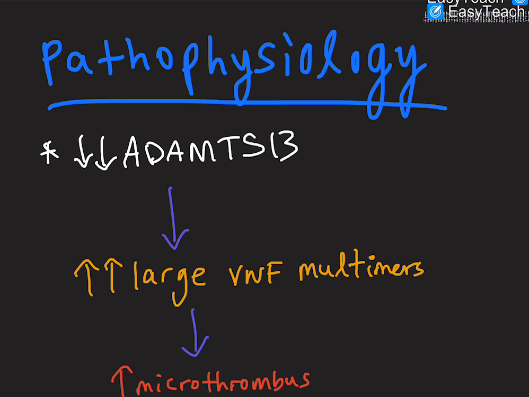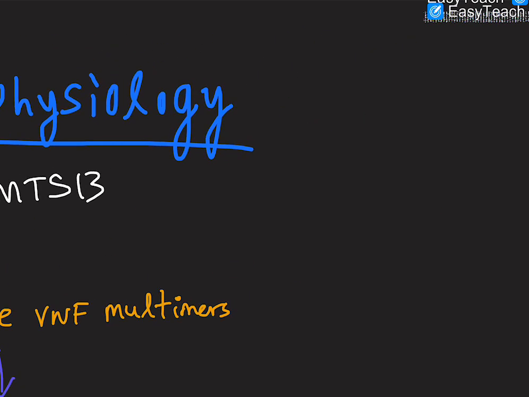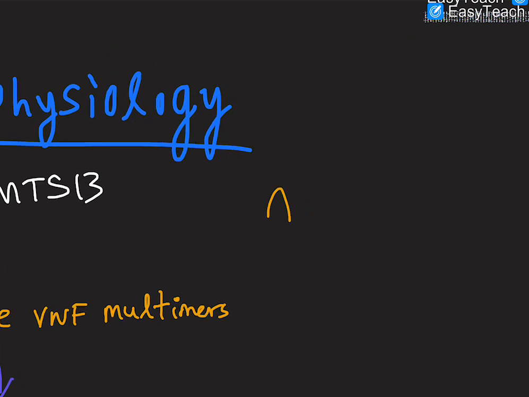What happens here is usually either it's genetic and you don't have functional ADAMTS13, or you acquire antibodies against ADAMTS13, autoantibodies. Now, what is ADAMTS13? ADAMTS13 is a protein that usually degrades multimers of von Willebrand factor.